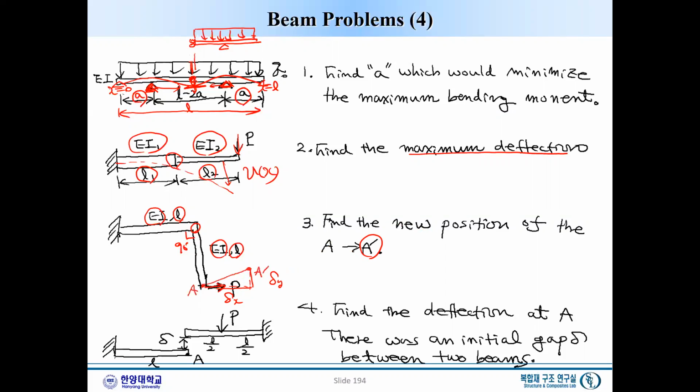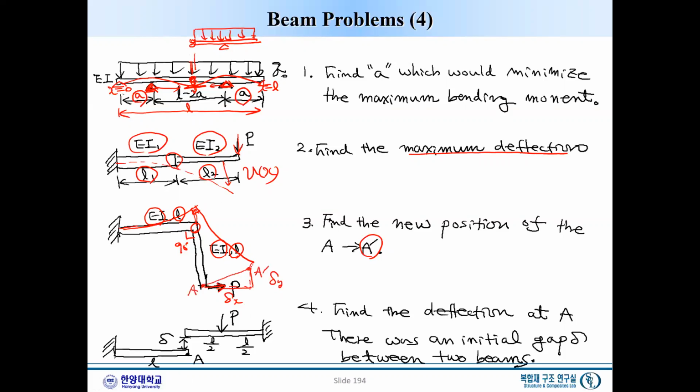Why will there be some vertical deflection? Well, since we apply P, this one will simply be subject to bending moment like that, and then bending moment like that. Of course, the point is that the right angle, 90 degrees, will remain. But this one simply has a deflection vertically.